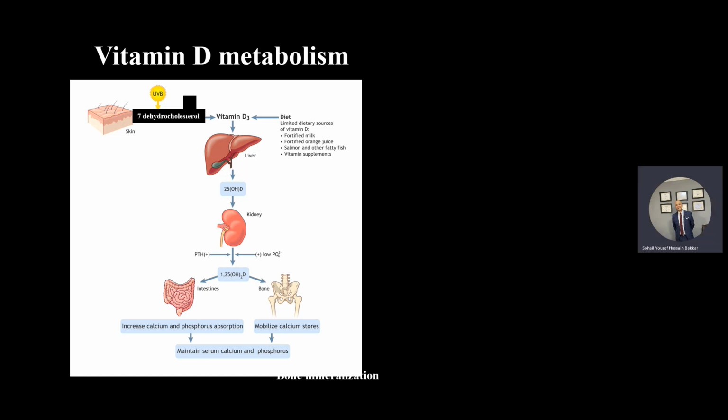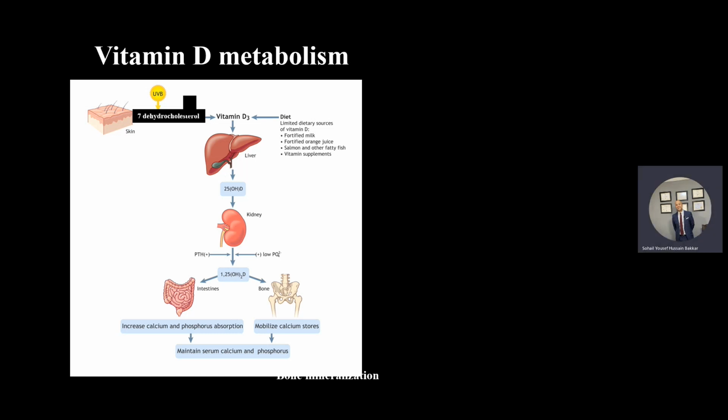However, a major source of vitamin D is solar irradiation of the skin, which converts 7-dehydrocholesterol in the skin into the active form of vitamin D, which is known as vitamin D3 or cholecalciferol.